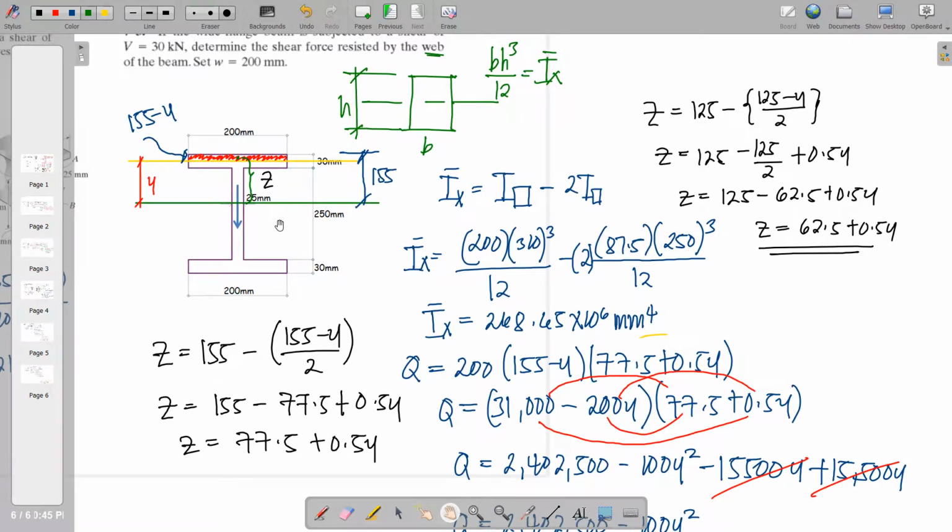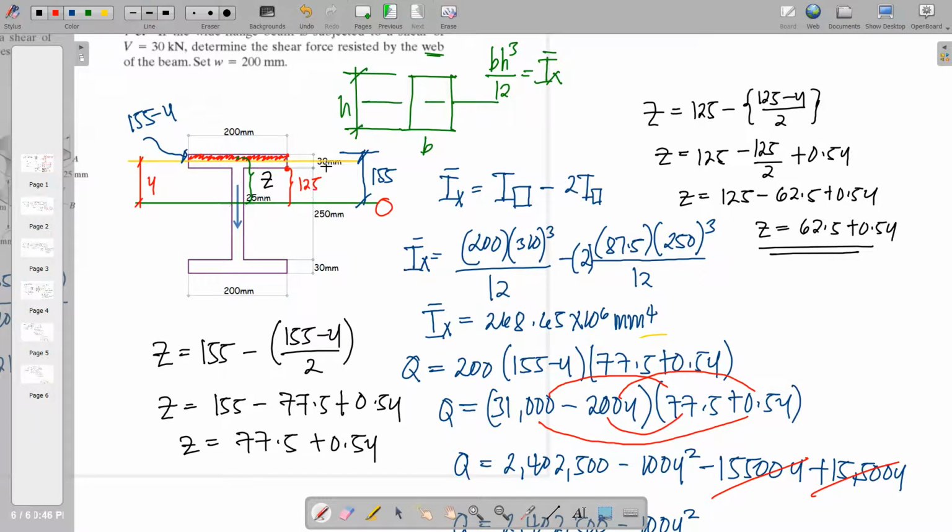And as we can see, the integrand will start from the ordinates of the flange. Okay, so if we're going to set this as 0, this distance is equal to half of 250, that is 125. So we will start at 125 up to this point.